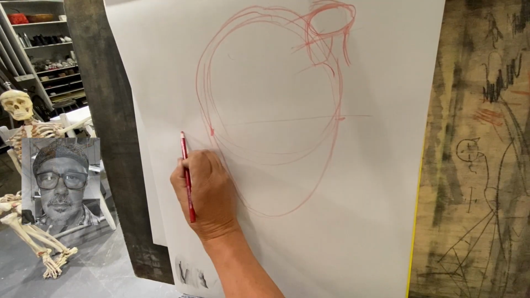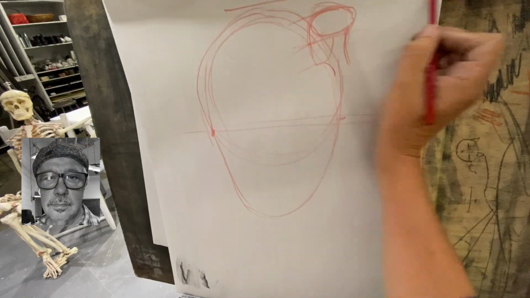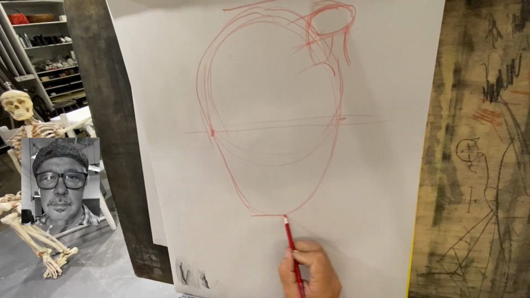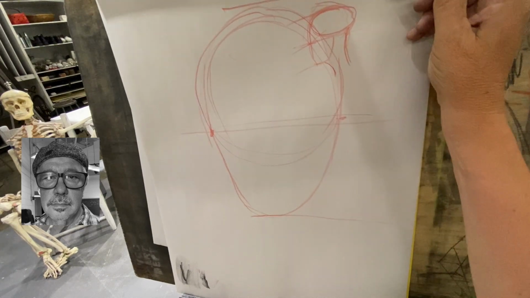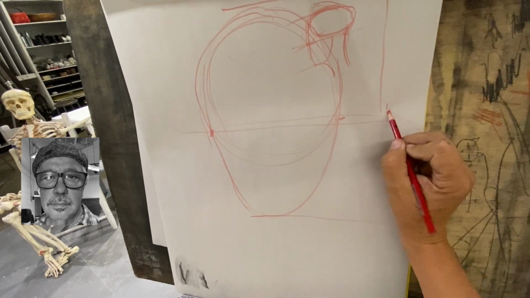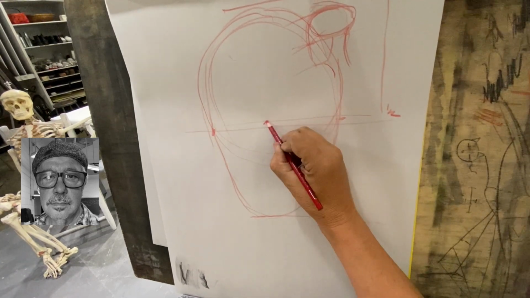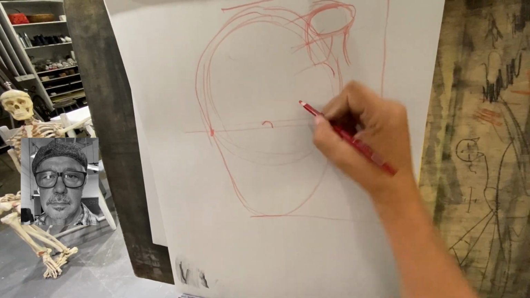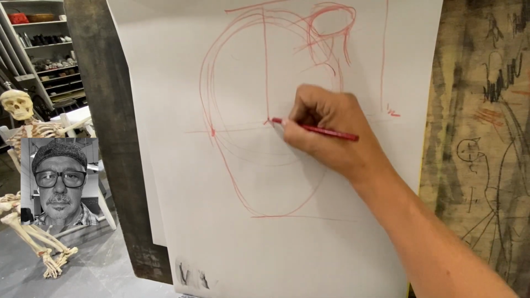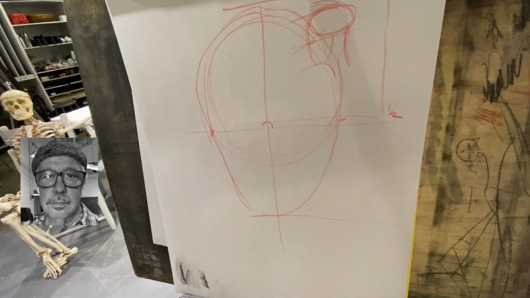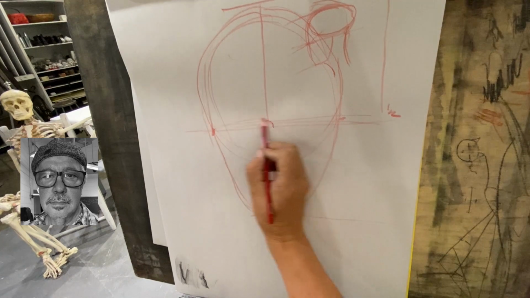So halfway across, from the top to the bottom, this is halfway. Your eyes. And I think of it as the bridge of the nose. So put a center mark down. And every time I do one of these, I try to curve it a little bit.